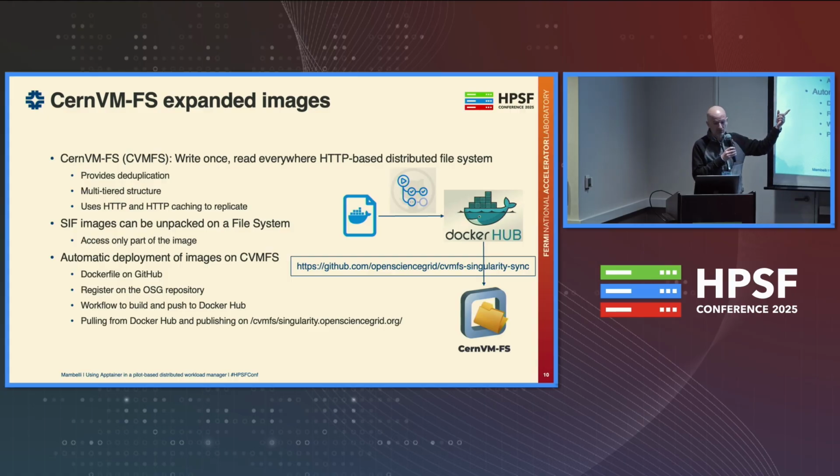And what we do is expand the images, the CIF images, on the file system. They are unpacked. This has the advantage that you don't have to download the whole image, just the part that you access. For example, CMS is one of the experiments at CERN, and has a huge distribution, CMS software, with all its releases, right?